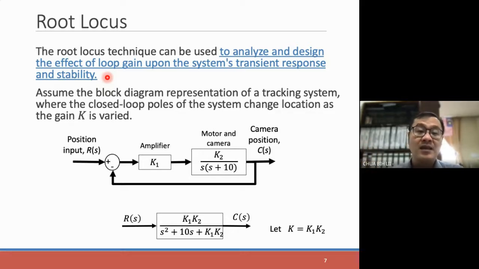So we just take this example of motors and cameras, to detect or change the position of the camera itself. We may have an amplifier to amplify the signal to the motor as well as the position of the camera. So maybe a simple transfer function over here.